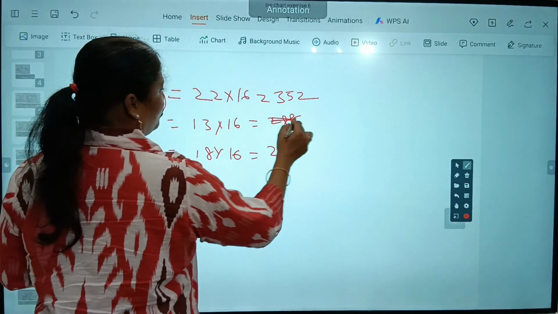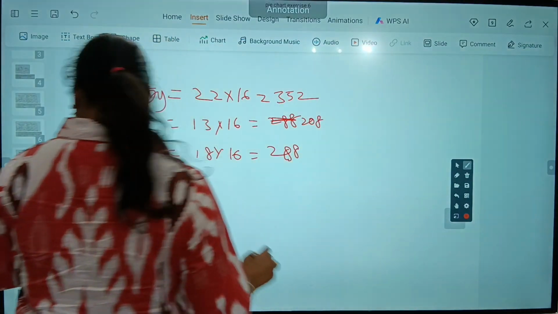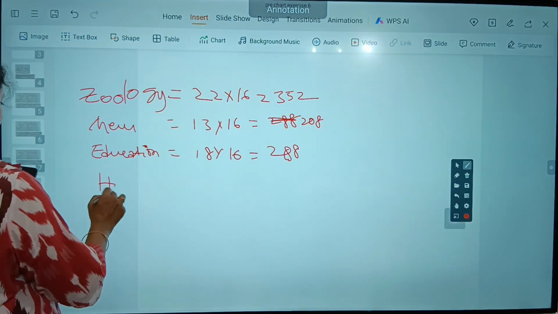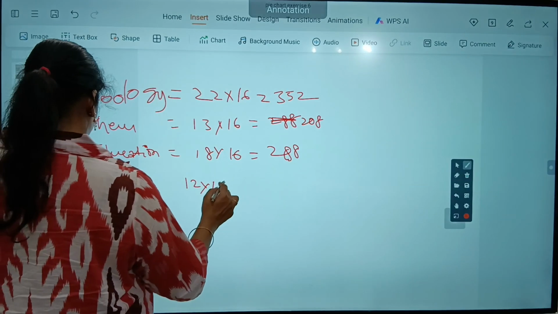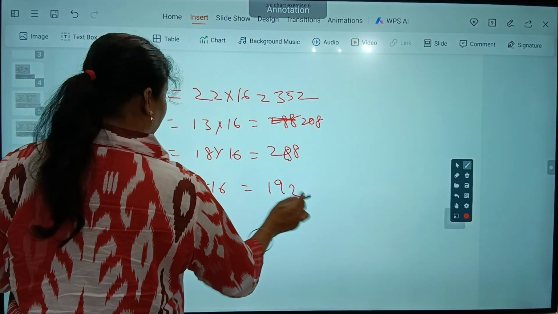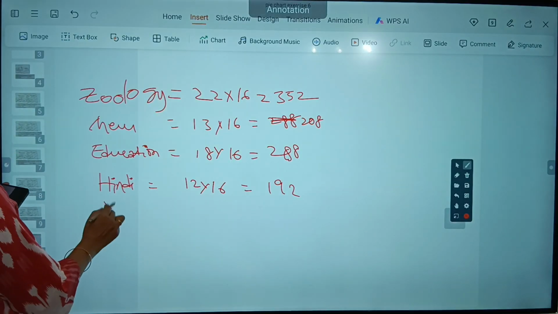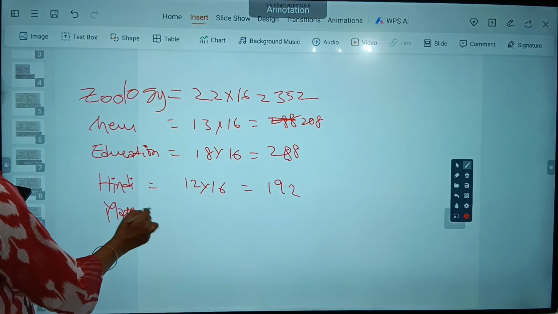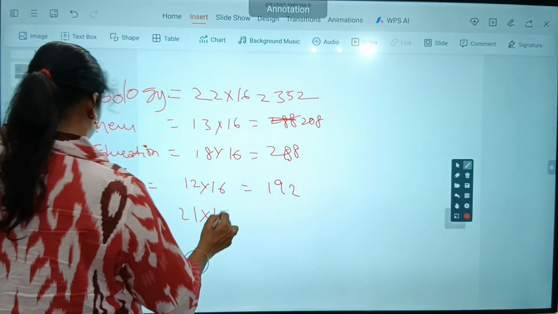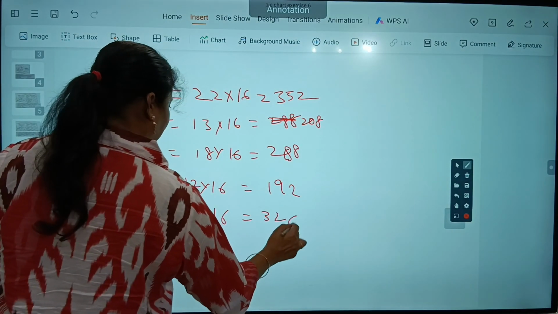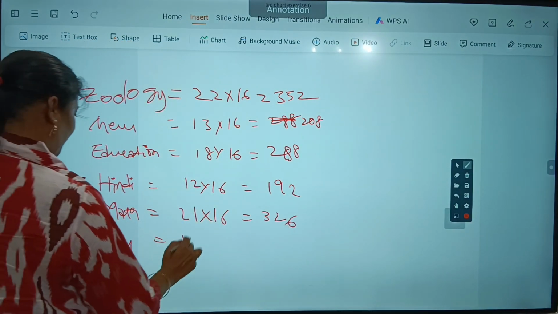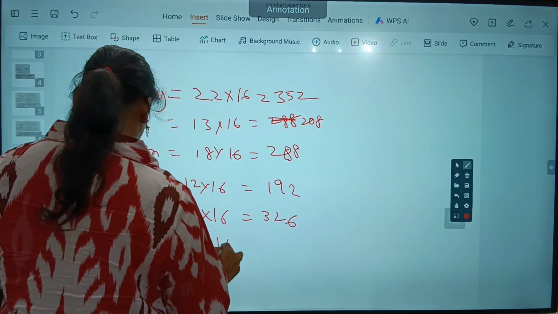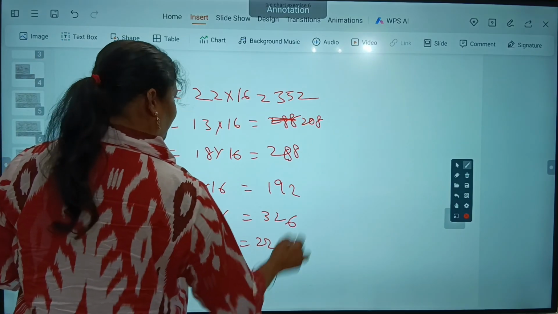Here it is 208, sorry. And Hindi, it is 12 into 16, 192, means it is 12%. Hindi is 192. Math equals 21 into 16, 336. Again physics equals 14 into 16, which equals 224.